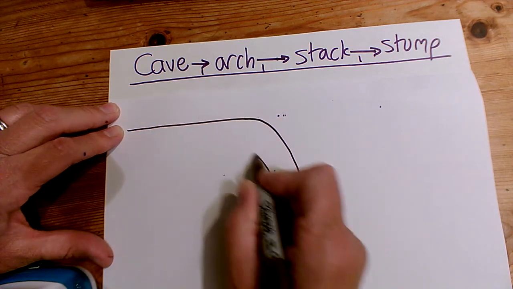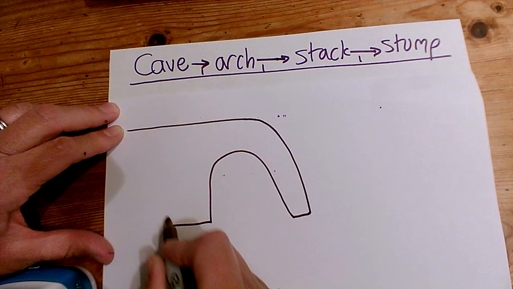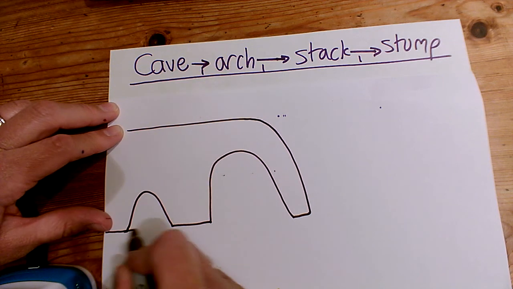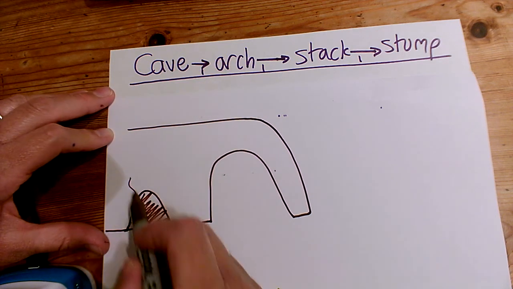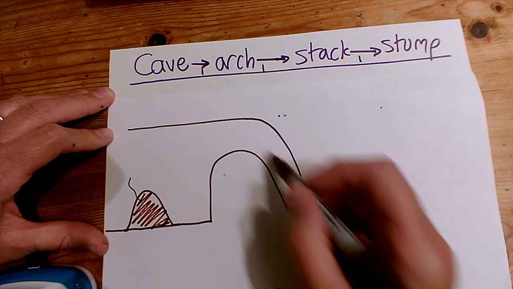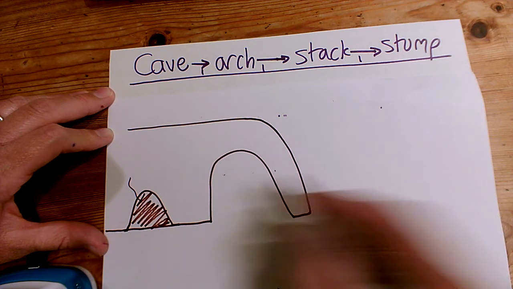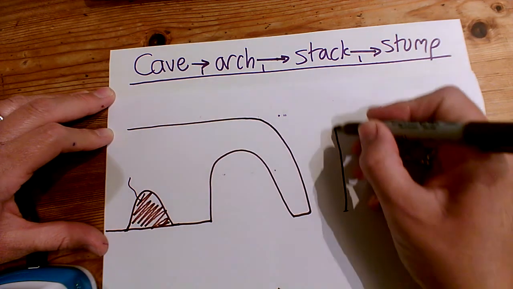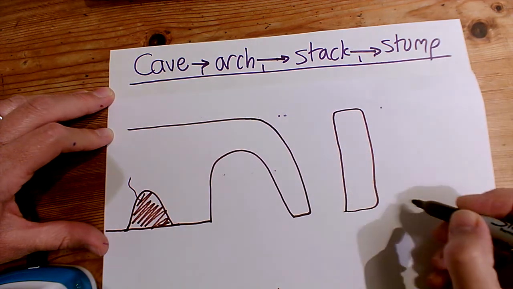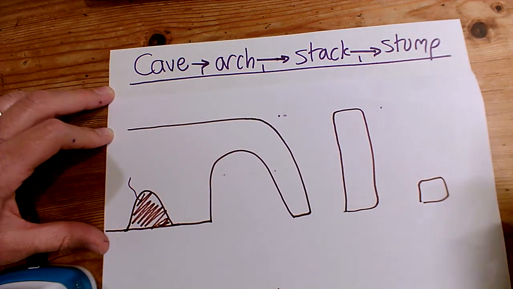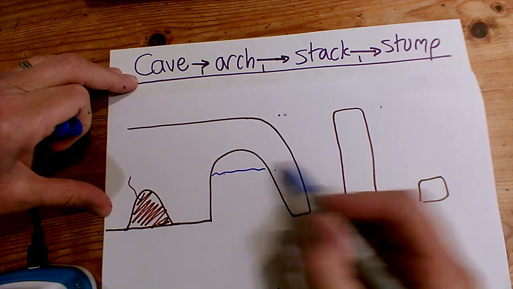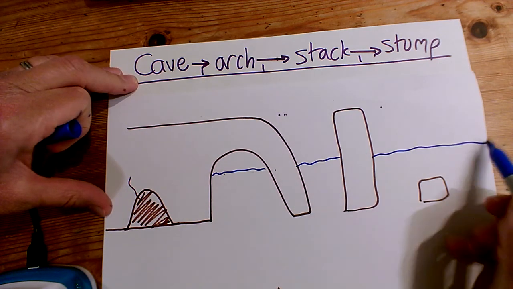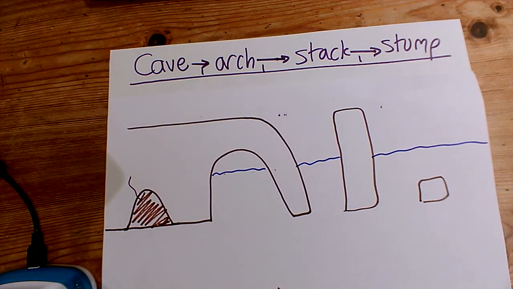So you'll see an area where you might have a cave that probably has got a crack running through it, an arch, and then a stack, and then a stump. And if we just put in the horizon, this is what we're seeing.